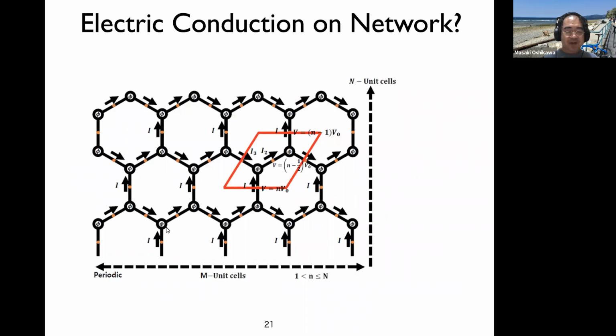An electron can propagate and then be scattered by this junction, and then go to the next segment and scatter again, and so on. What kind of resistivity or resistance or conductance can we expect from this kind of network?